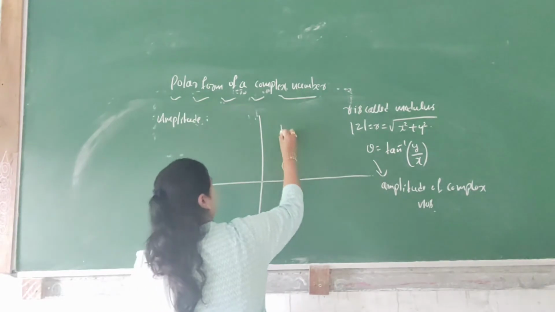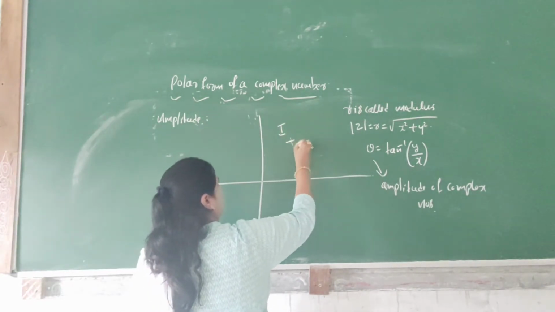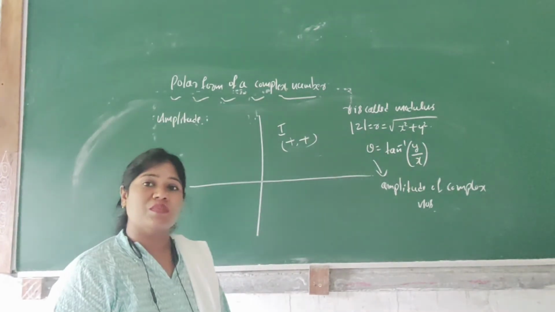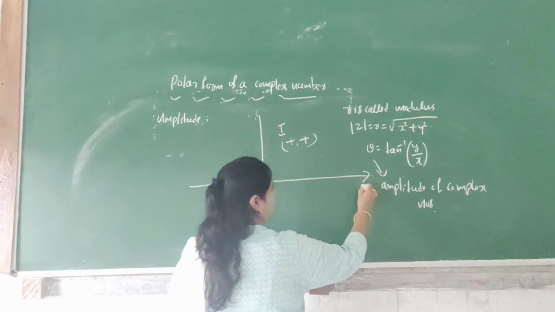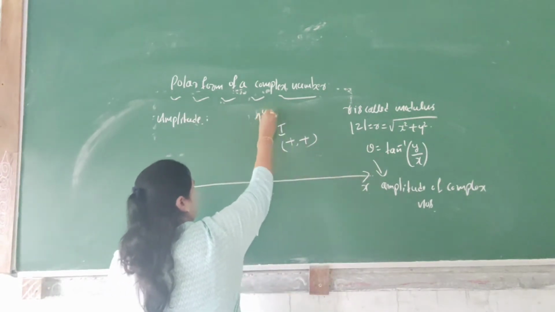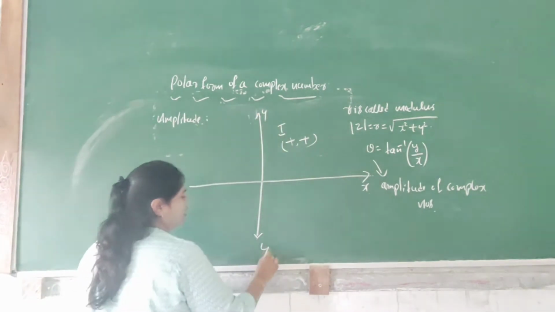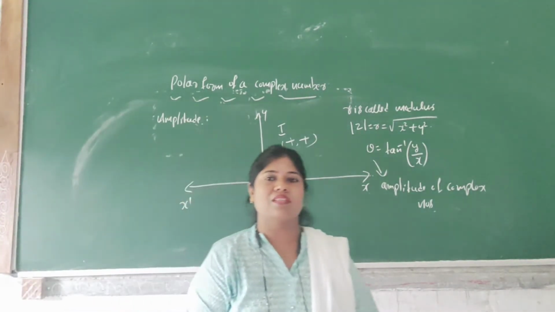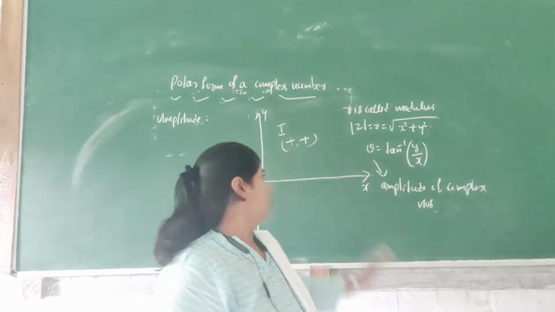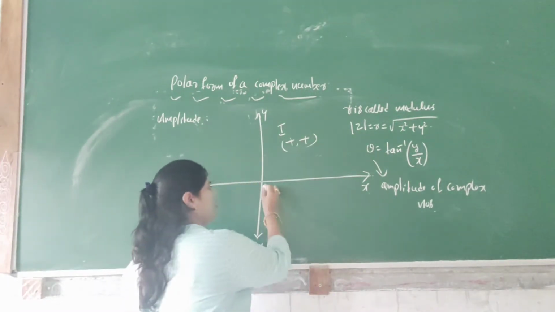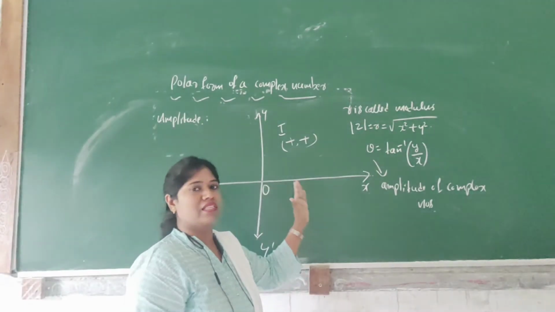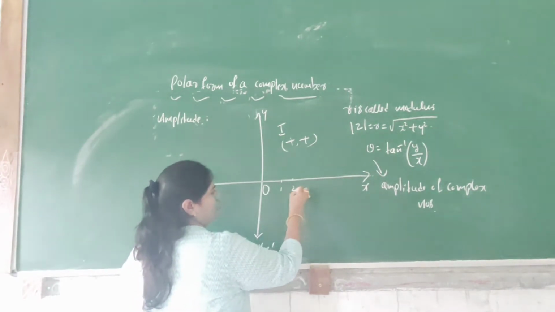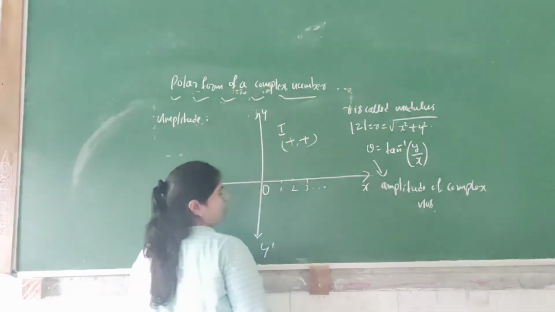So in the first quadrant, plus, plus. What are the signs of the first quadrant? It is plus, plus. Why is it plus, plus? Because this one is the x axis, no? This one is the y axis, y dash axis, x dash axis. You know the number line, that is a set of integers. Towards the right side of 0 are the positive values: 1, 2, 3, up to infinity.